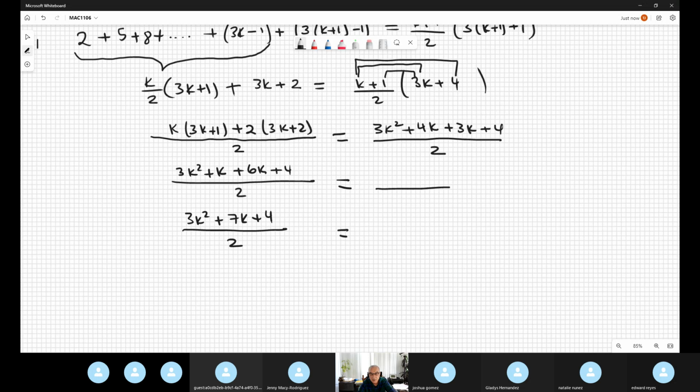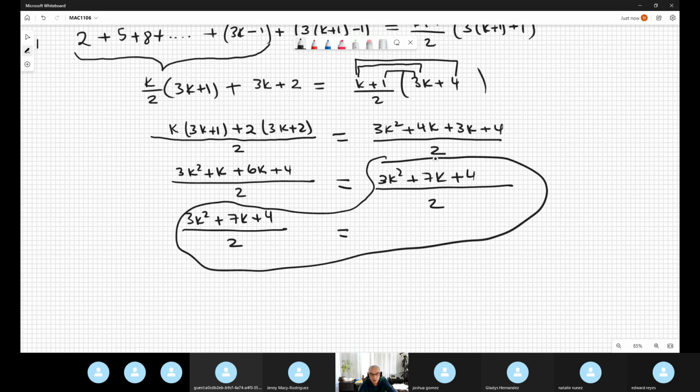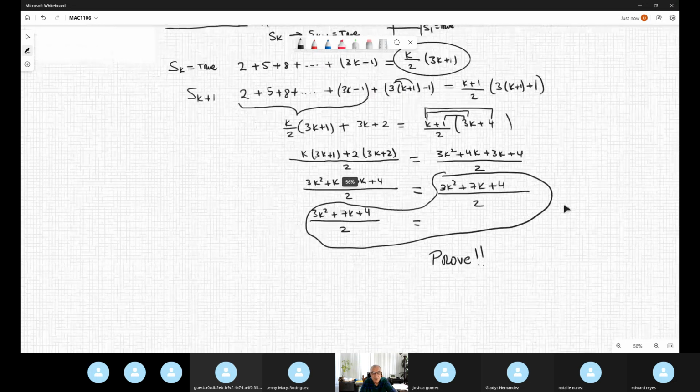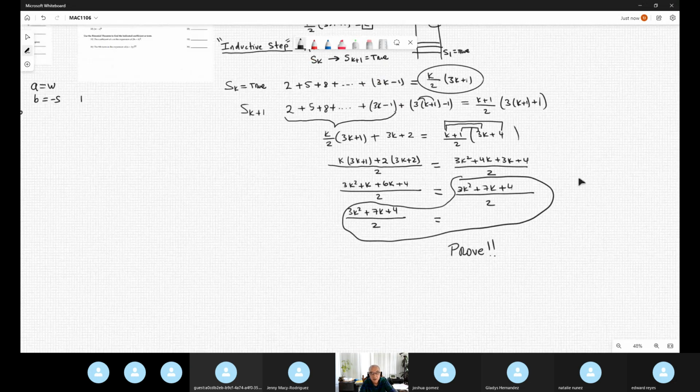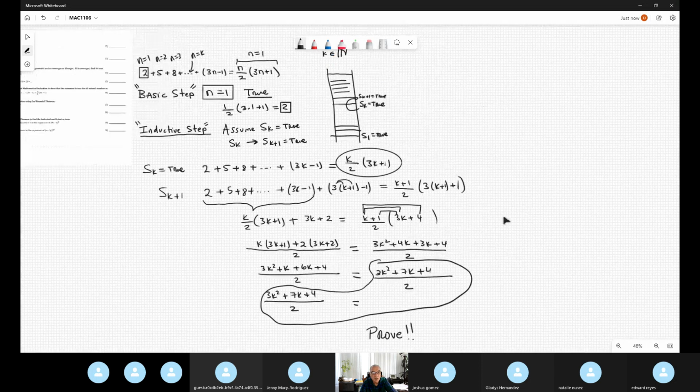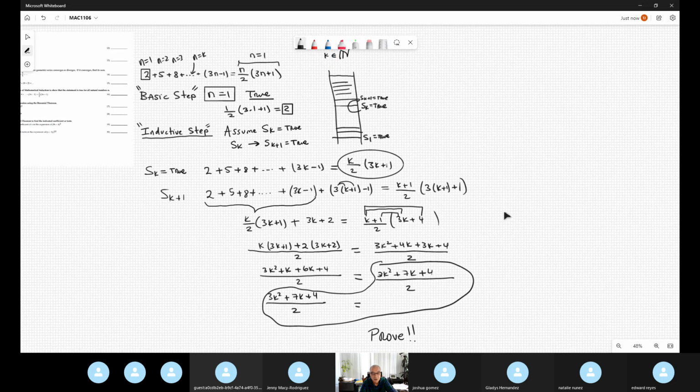We combine later. It's 3k squared plus 7k plus 4. Wow, amazing. And this is exactly the same as this. Now I prove, using mathematical induction, this expression given at the beginning are equal for any n belonging to the natural numbers. This is the systematic way, guys.